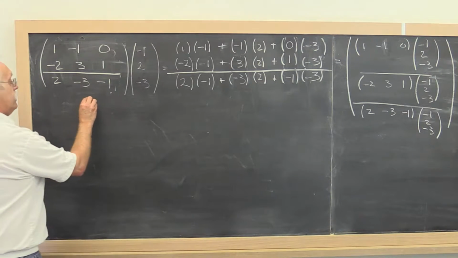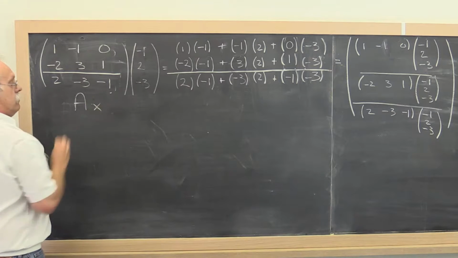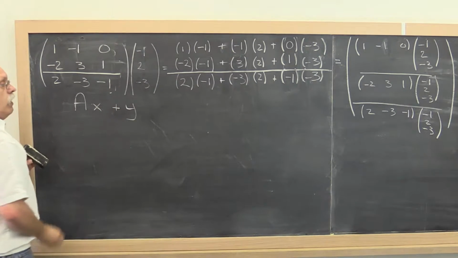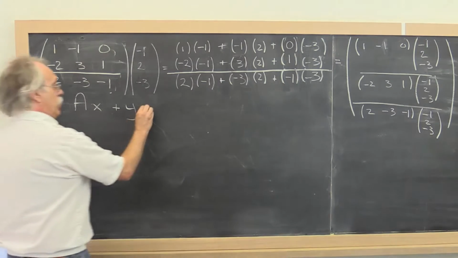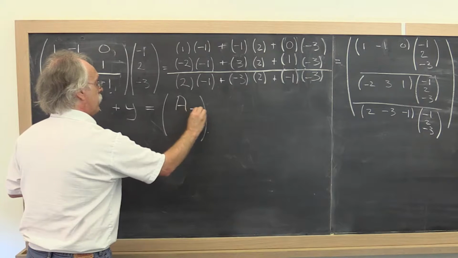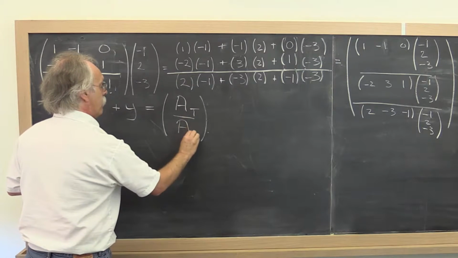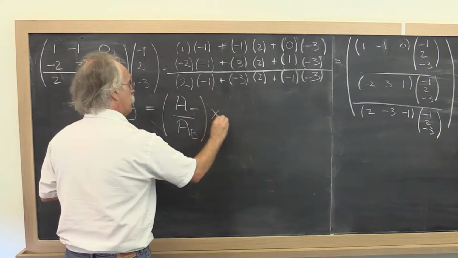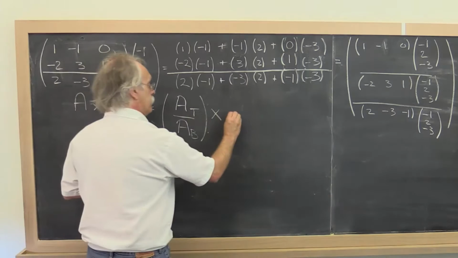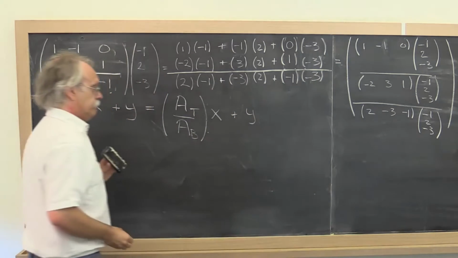So when we look at A times X, and we like to think in terms of adding the result of that to Y, one thing we can do is say, take your matrix and partition it into a top part and a bottom part, and multiply that times vector X, and then add the result of that to vector Y.